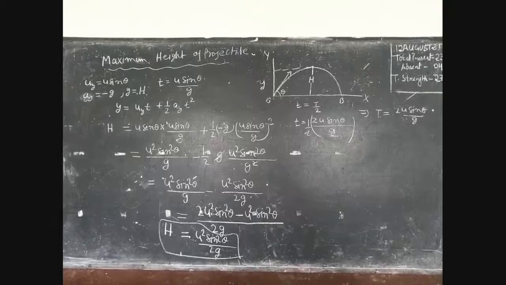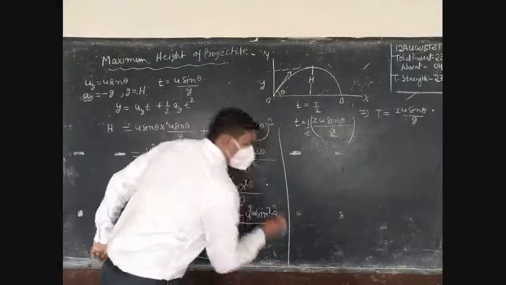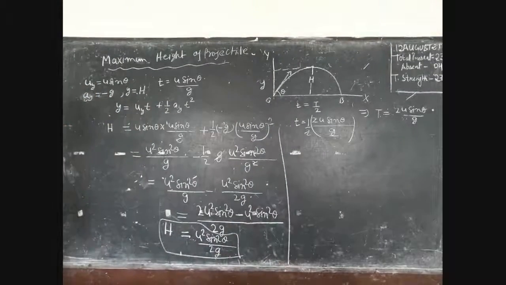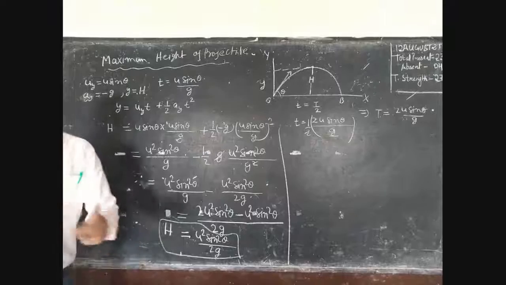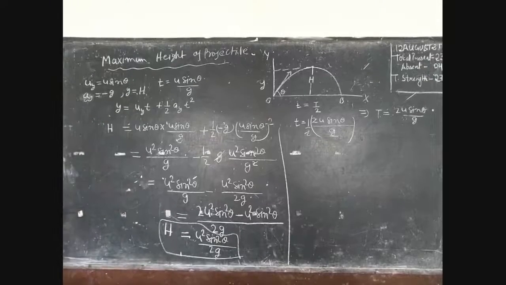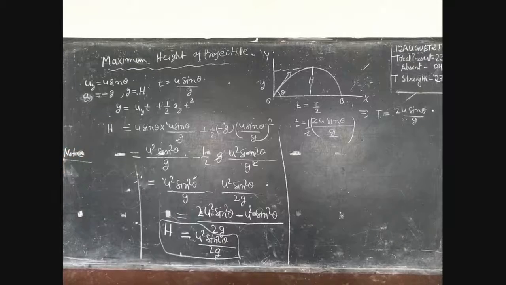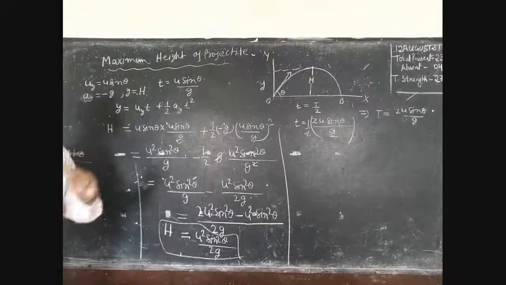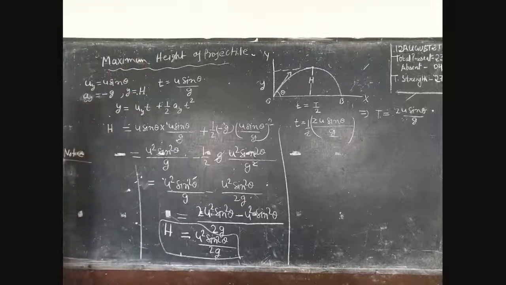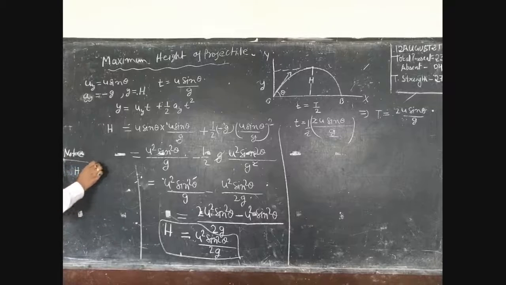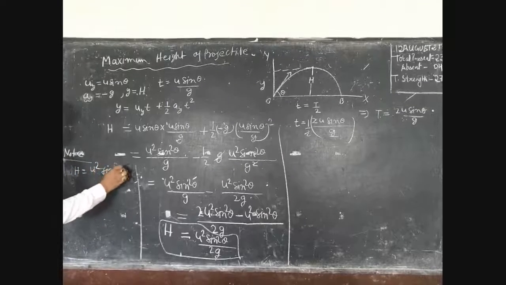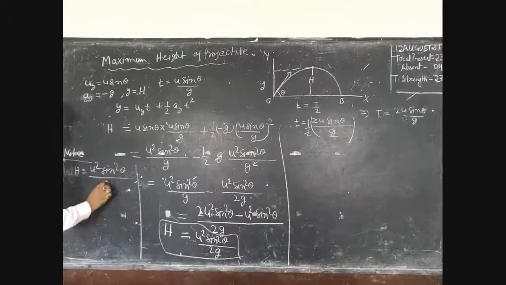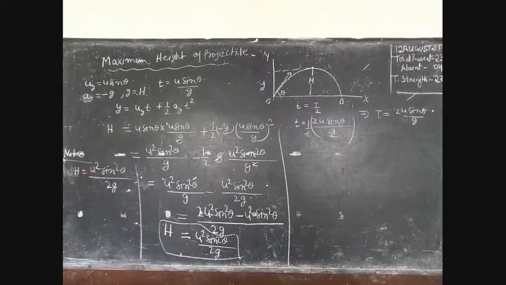Done. Next, range of projectile. Okay, one concept, just write in your note. This is the height of projectile, and we need to calculate the maximum height of projectile. As you have the formula, h is equal to u square sin square theta upon 2g, when this value is maximum.